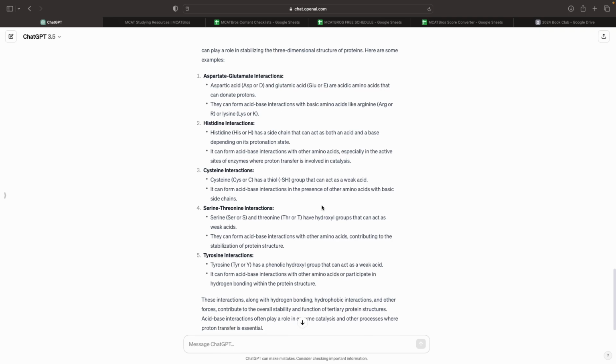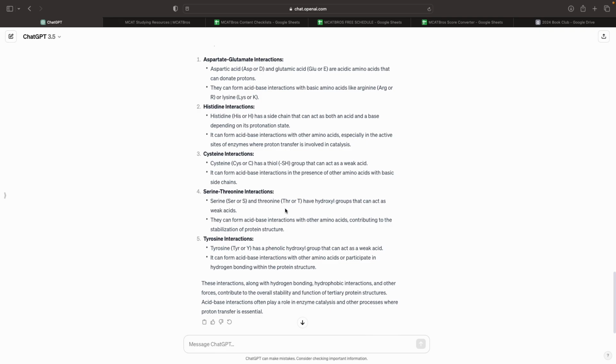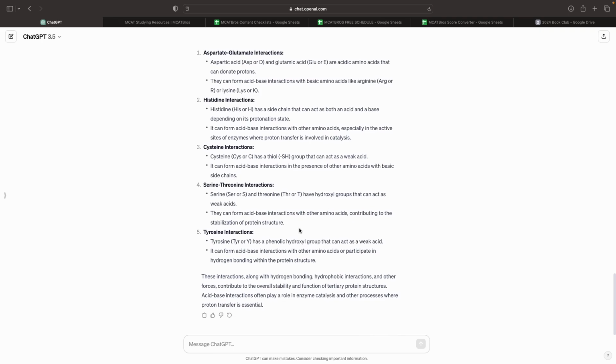Serine, threonine interactions. Serine, Ser, with the OH, threonine also with the OH, but it's with the T, have hydroxyl groups that can act as weak acids. They can form acid-base interactions with amino acids, contributing to the stabilization of protein structure. Tyrosine, which has the OH at the end of the phenylalanine, has a phenolic hydroxyl group that can act as a weak acid.